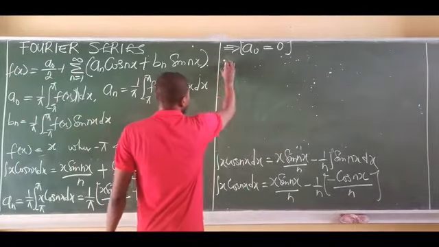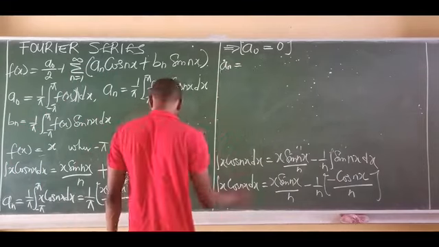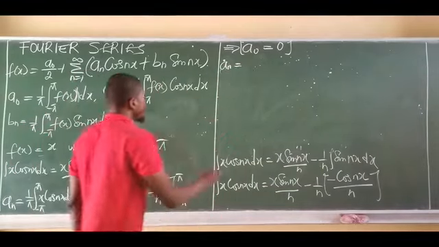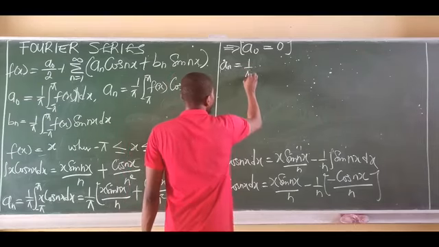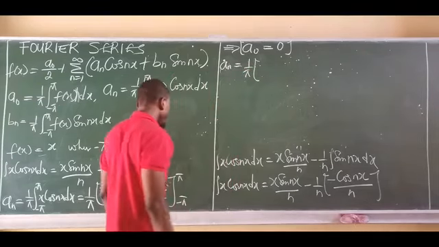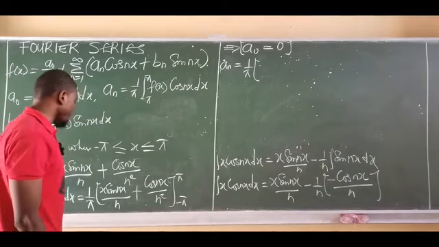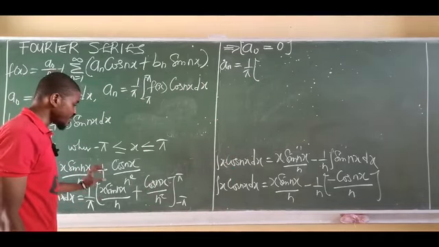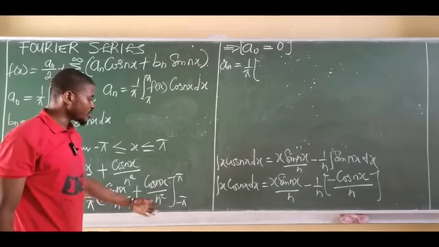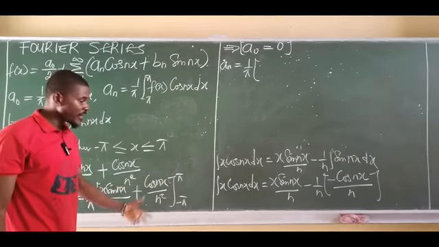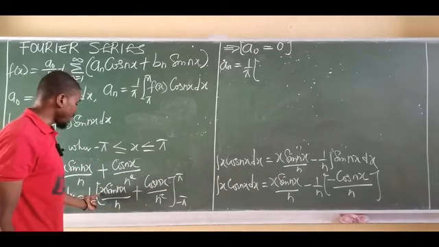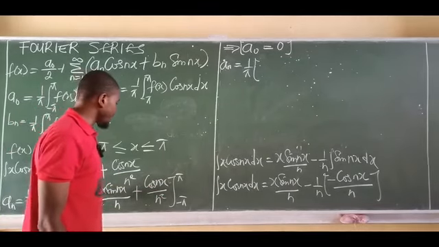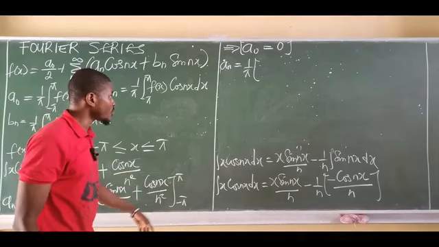So an is now equal to 1 all over pi. So I'm going to be appending the limits all together. Wherever I see x in these equations, I'll put in my upper limit minus my lower limit. So I have x here, and in place of this x comes upper limit minus lower limit.